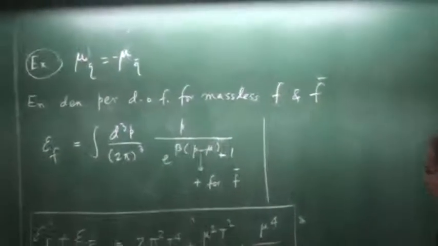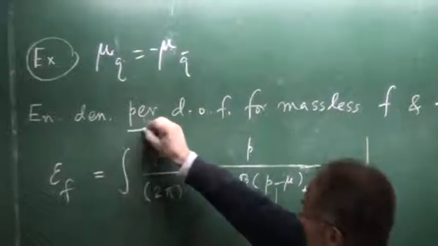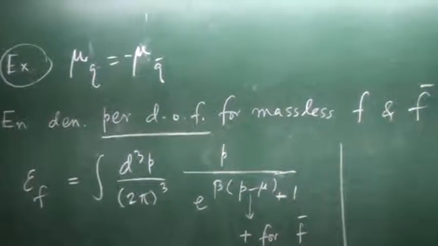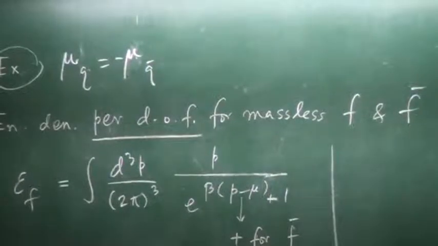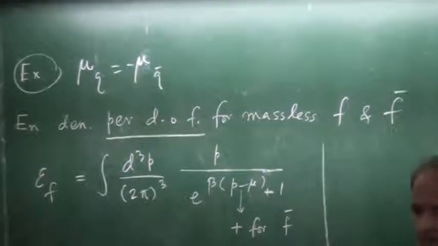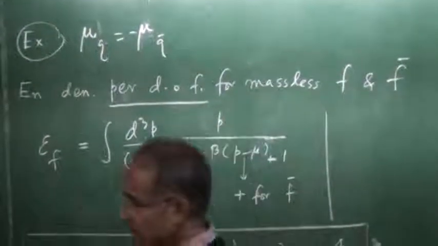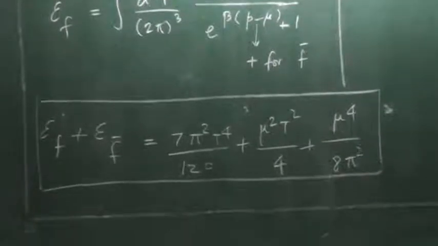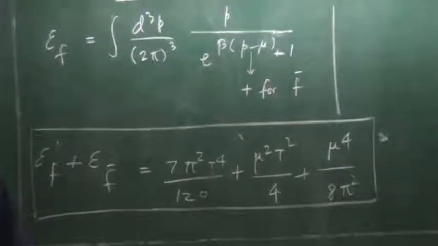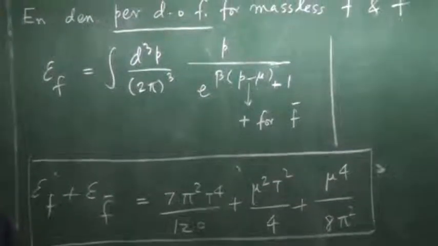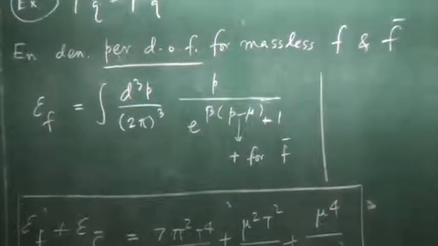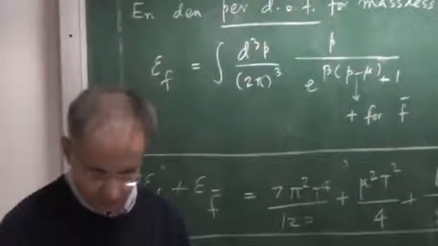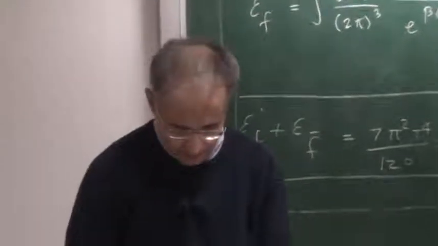Again, if I remember, this is per degree of freedom. So try to do this. And once you have epsilon B and epsilon F plus epsilon F bar, by multiplying by suitable degrees of freedom, depending on color, flavors, etc., you can calculate epsilon for quark gluon plasma. That is also one of the exercises in the tutorial.